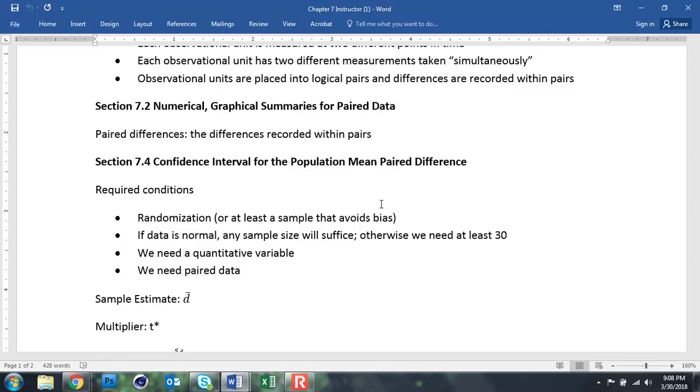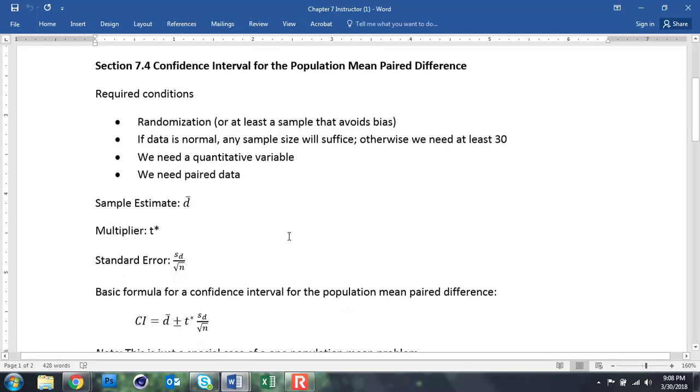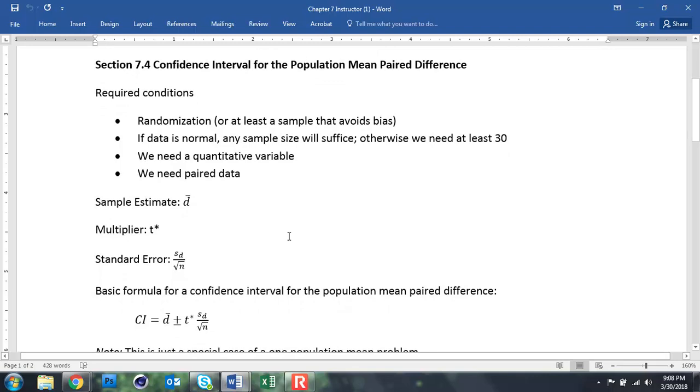We do need a quantitative variable, again, because we're talking about means. We have to have a quantitative variable if we're going to take an average. And the last thing, which is kind of trivial, if you're doing stuff on paired data, that means you have paired data, but we do need paired data. Our sample estimate here is going to be d bar. This is the sample mean of paired differences.